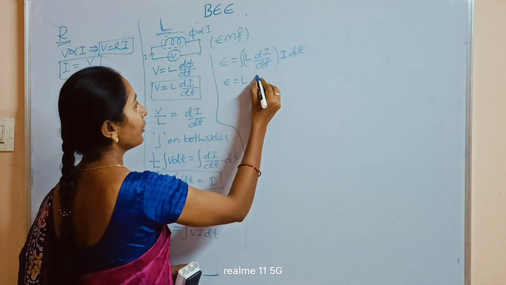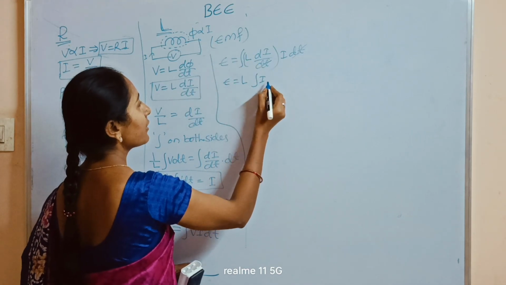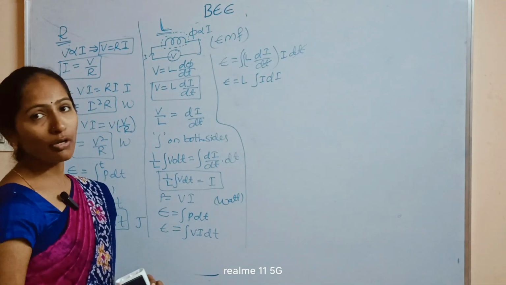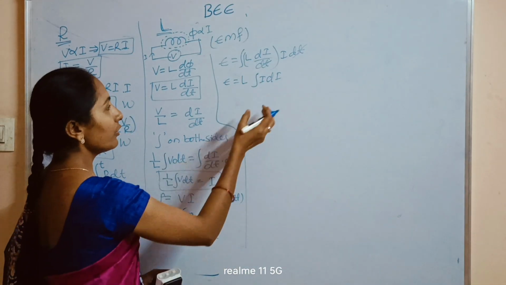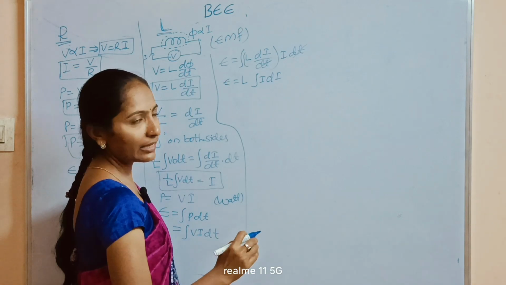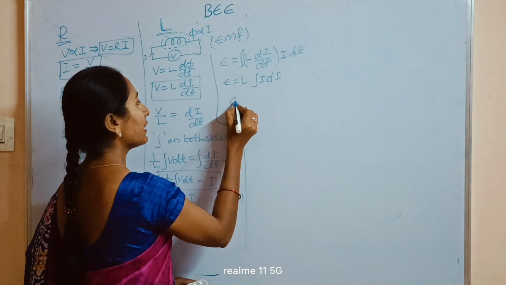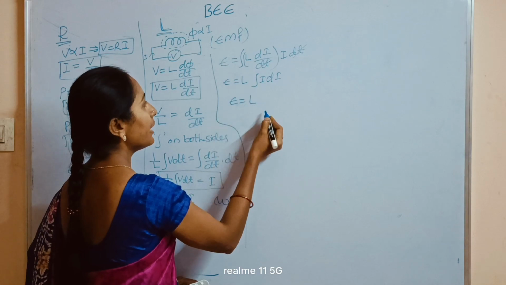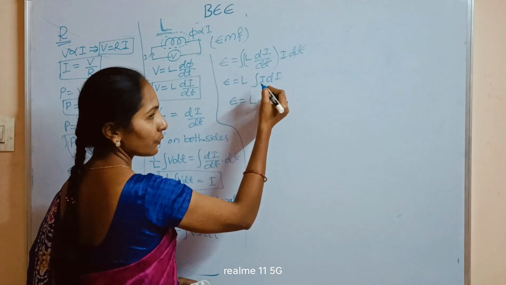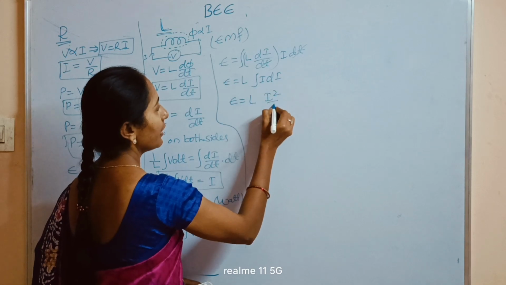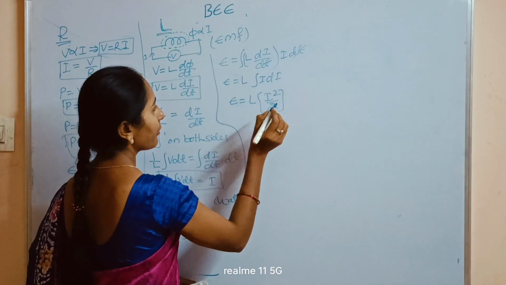So E equals L, which is a constant term, taken outside, L into integration of I di. Using the integration of x dx formula, the integration of x dx is x square by 2. So here, I into di gives I square by 2.